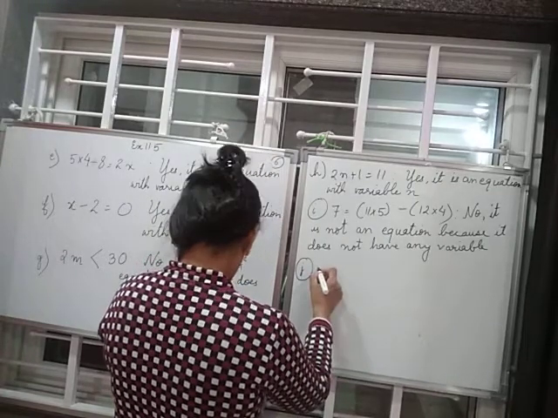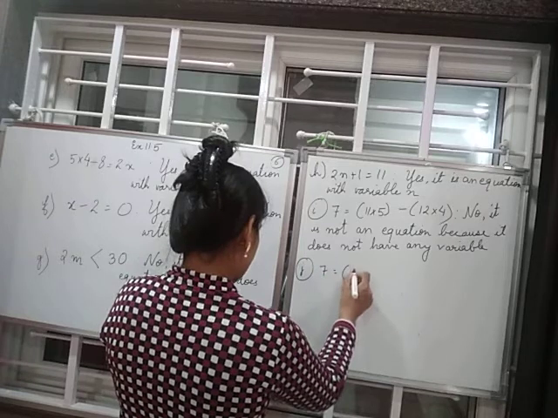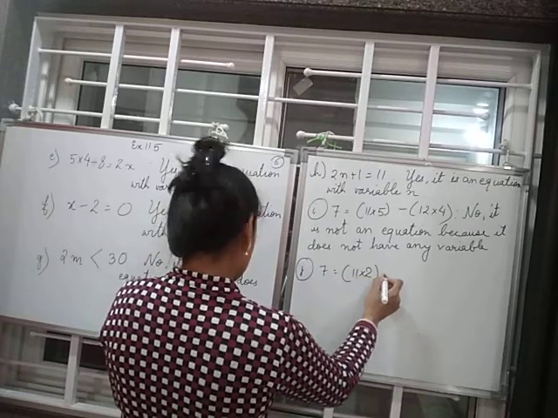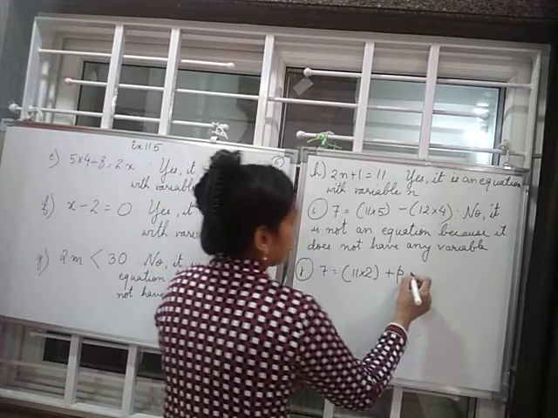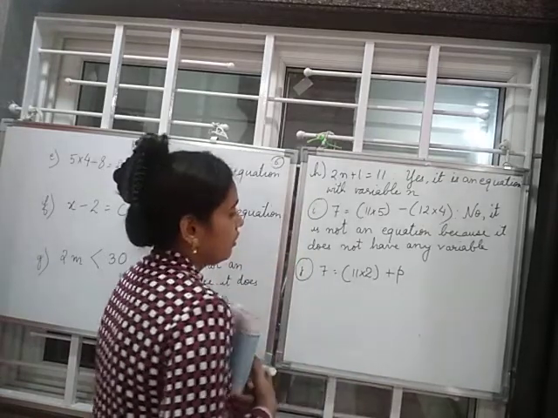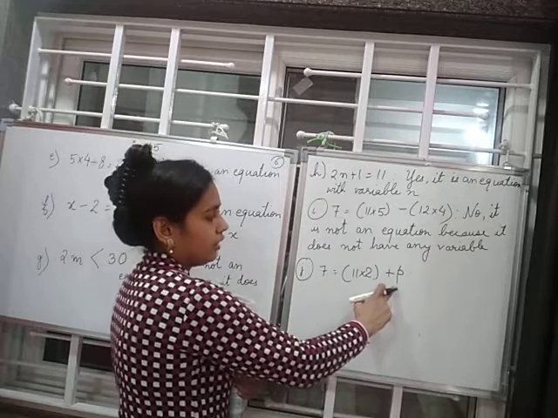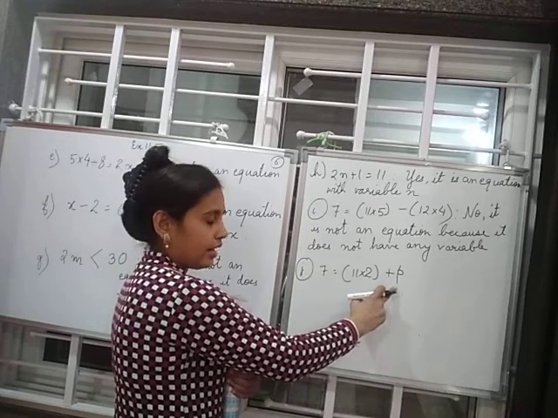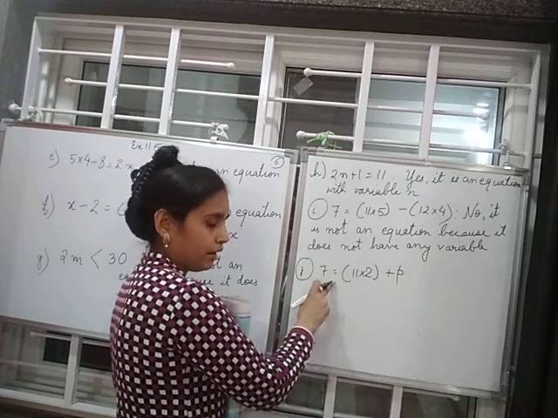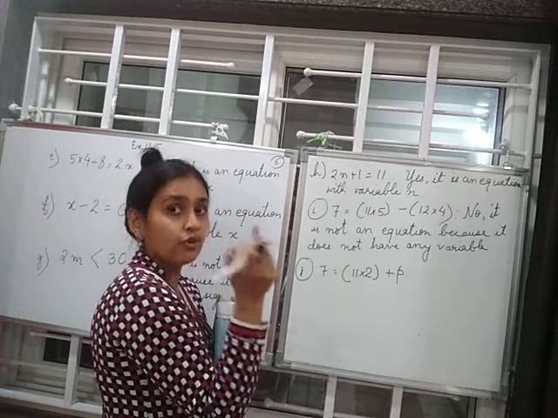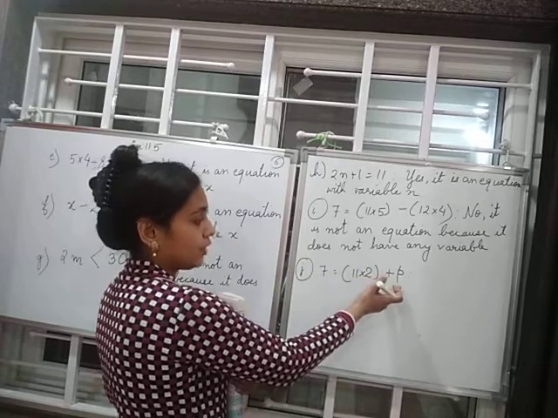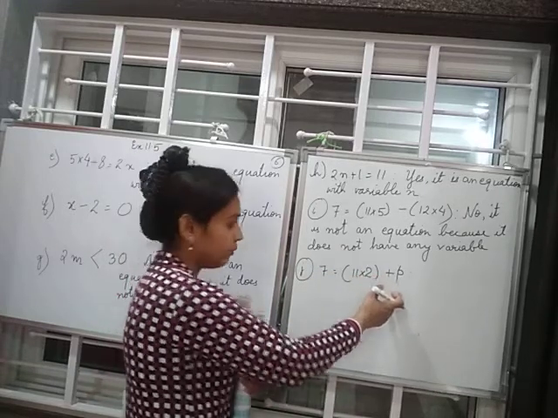Then J. So, is there a variable? Yes. Is there an equal to sign? Yes. So, what are we going to write? Yes, it is an equation and we have to tell what the variable in the equation is. So, with variable p.